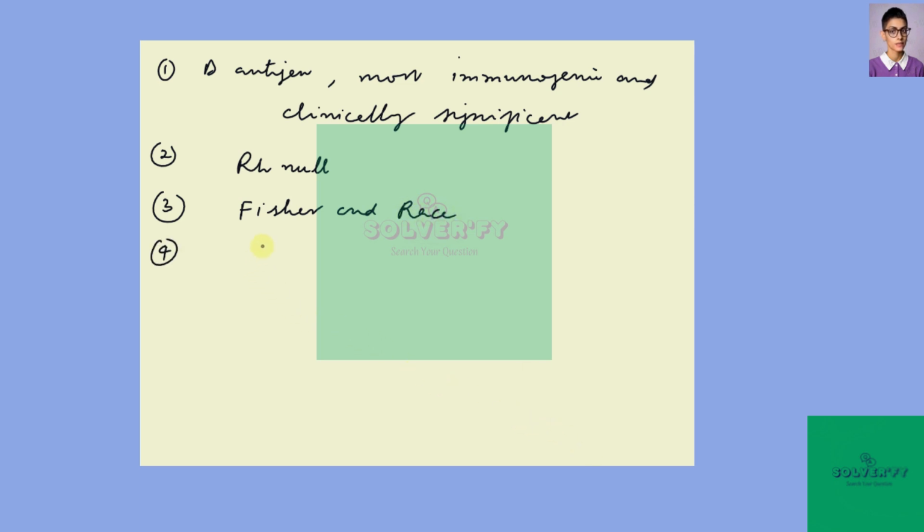Another question asked is, with few exceptions, why do blood recipients not require weak D retesting of their red blood cells?